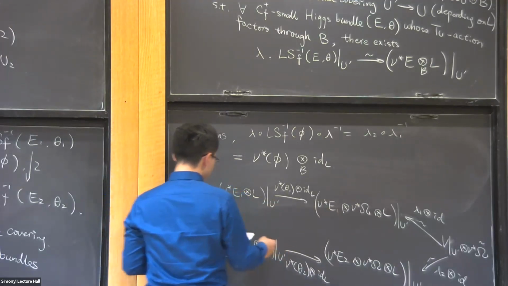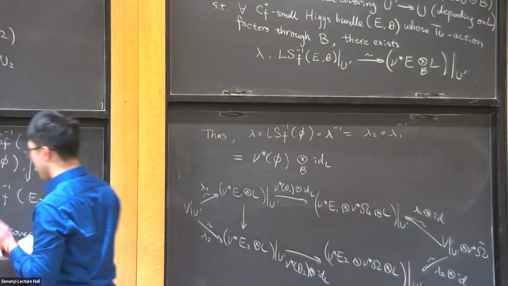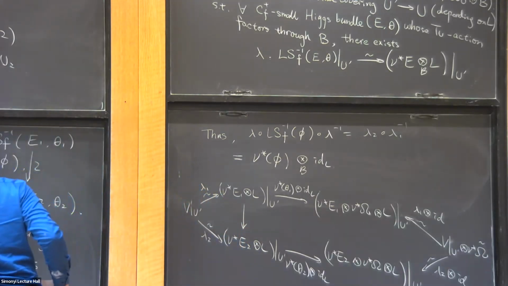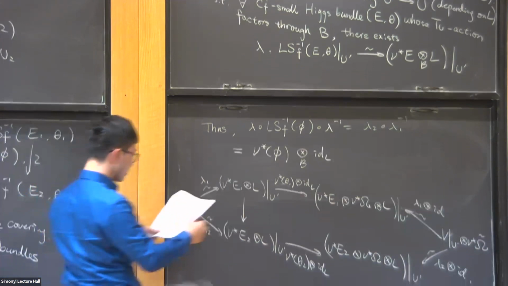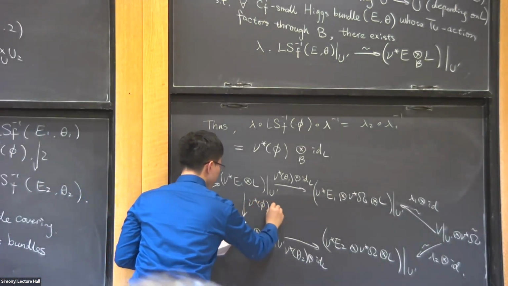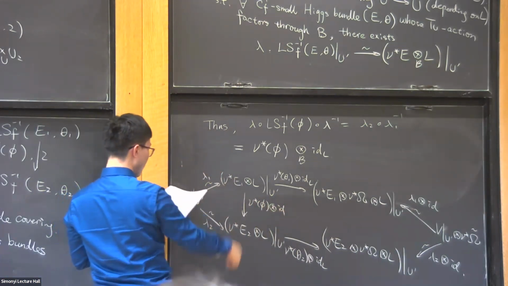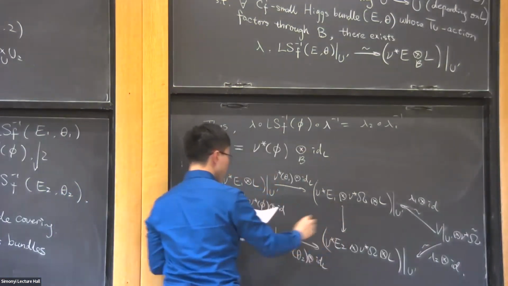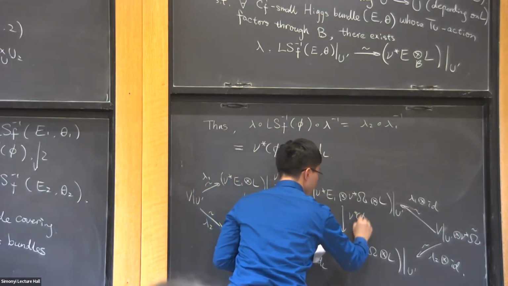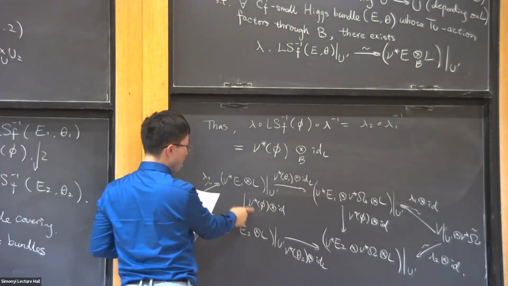So in fact, because we are using the local correspondence to produce an isomorphism of Higgs bundles, phi is the isomorphism of Higgs bundles. So this diagram is commutative. And also this diagram is commutative, because phi is an isomorphism of Higgs bundles.